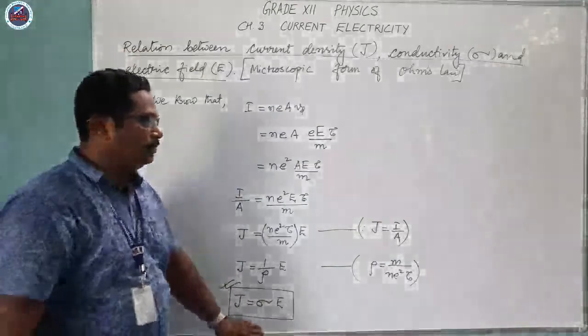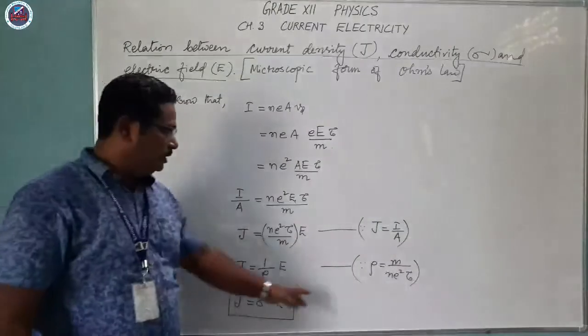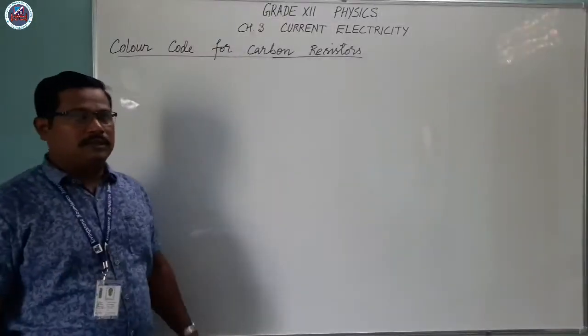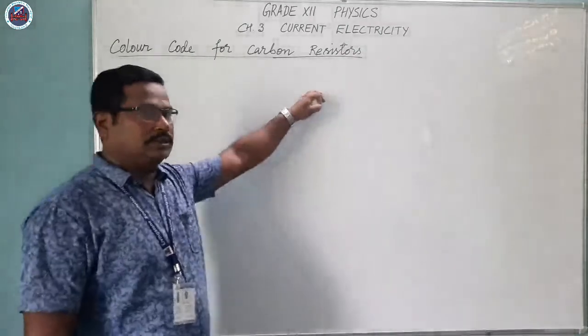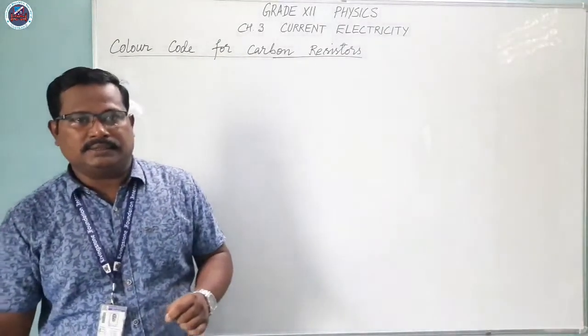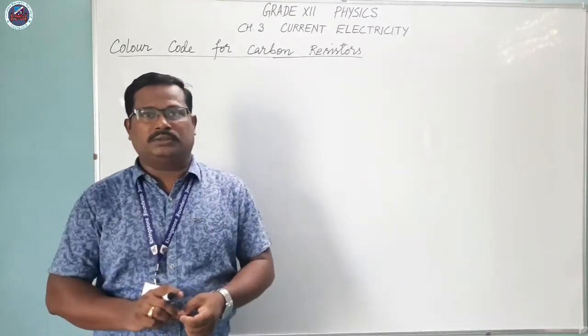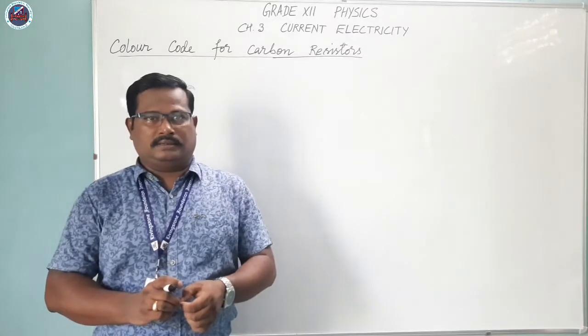So here we end our classical theory of electricity, the origin of resistivity. Let us study now the color code for carbon resistors. In most electronic and electrical devices, we use resistors of different capacities.